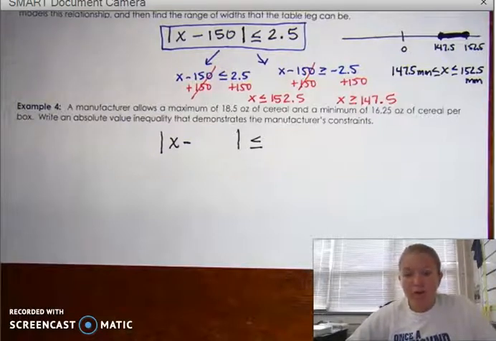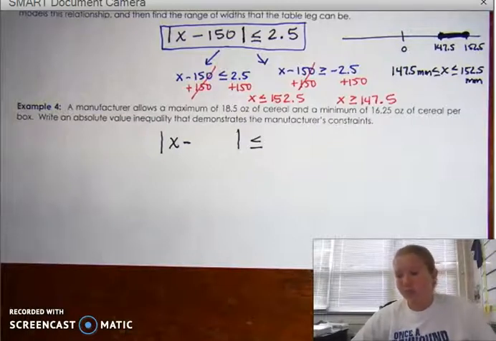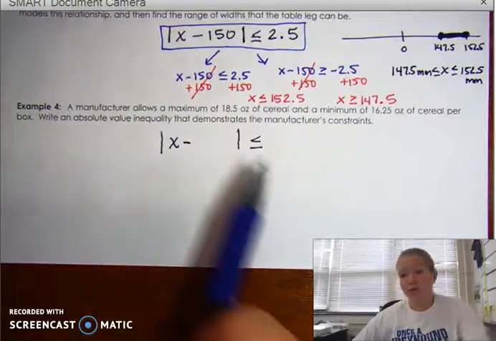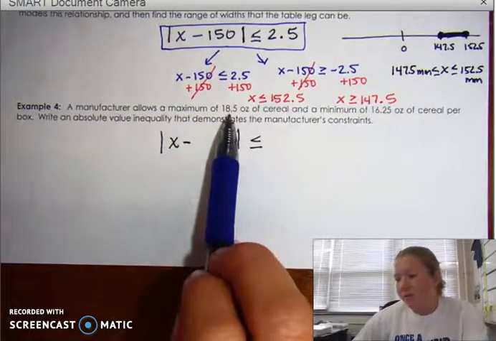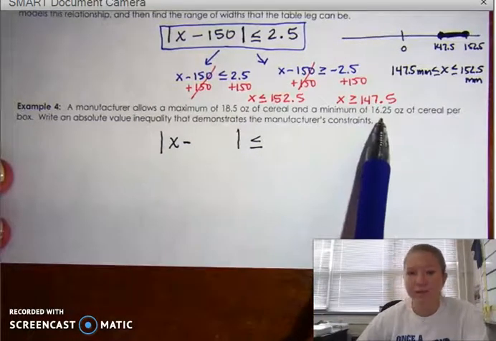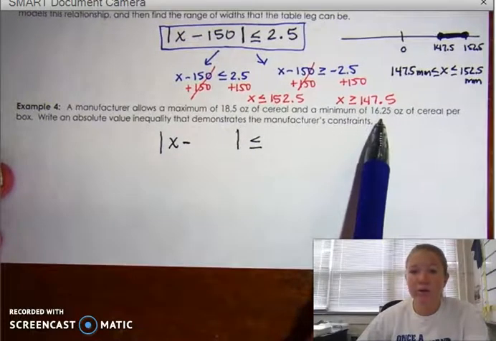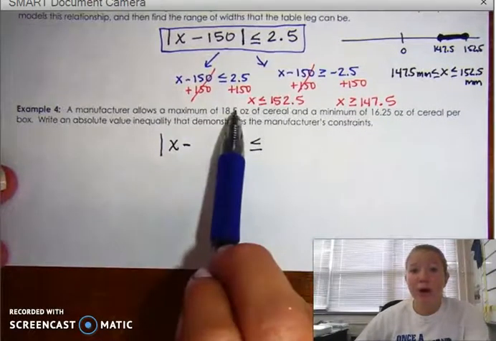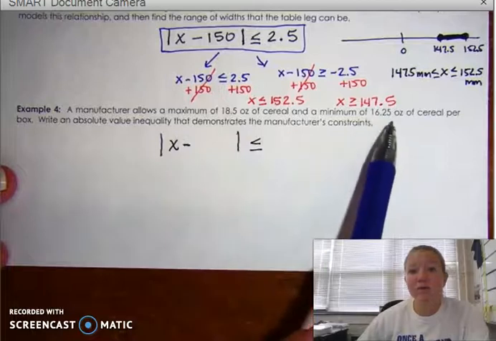All right, so after you've given yourself a second to think, what we're going to do, hopefully you thought of this yourself, the ideal is going to be halfway between 18.5 and 16.25, okay? So however you thought about finding that halfway point, I'm going to take these two numbers, add them, and divide by 2.